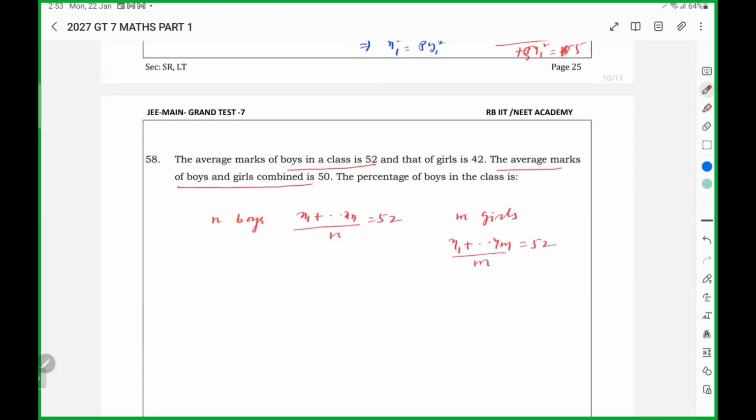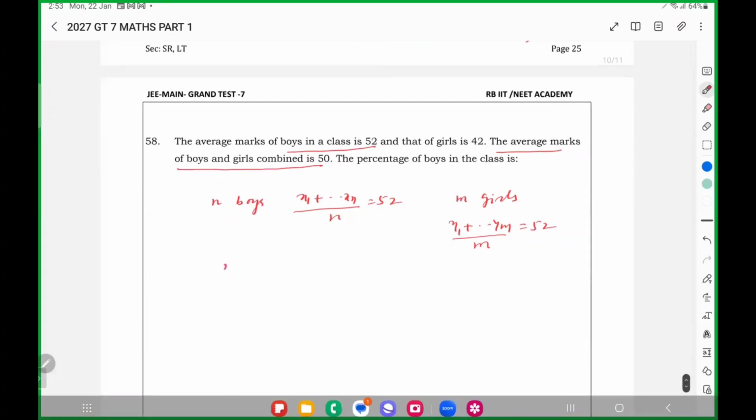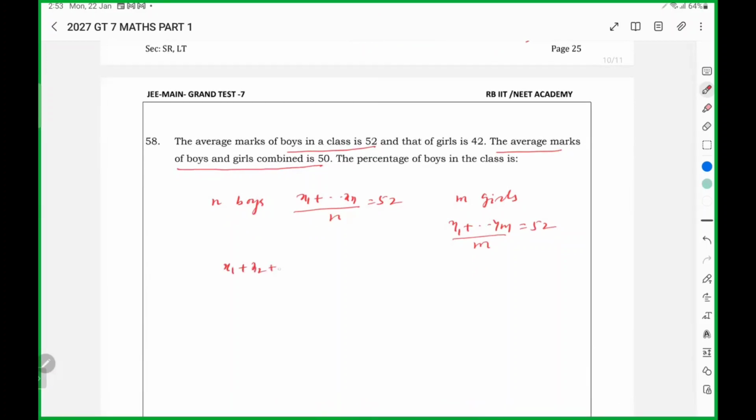The average marks of boys and girls, n plus m, is 50 given.